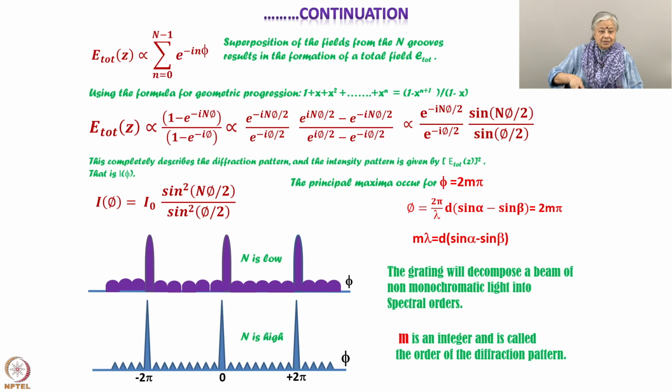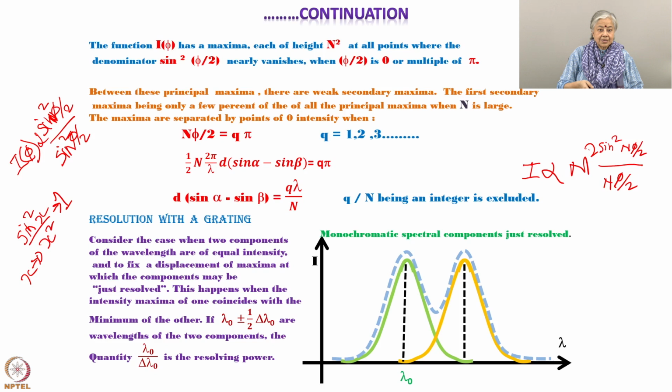The others are all tiny, tiny peaks. So between the principal maxima, there are weak secondary maxima, the first secondary maximum being only a few percent of the principal maxima when n is large. The maxima are separated by points of 0 intensity.